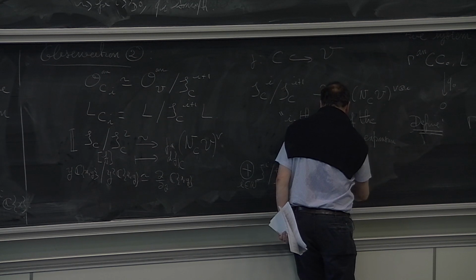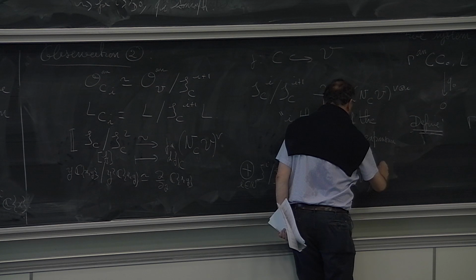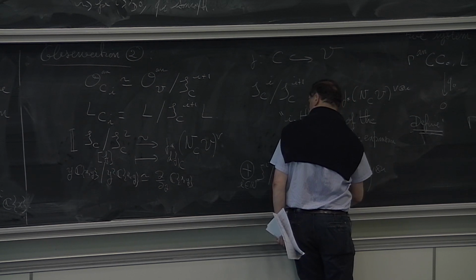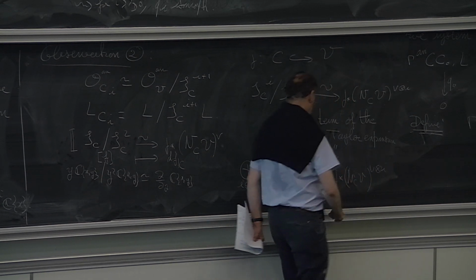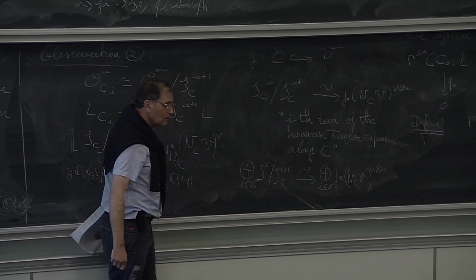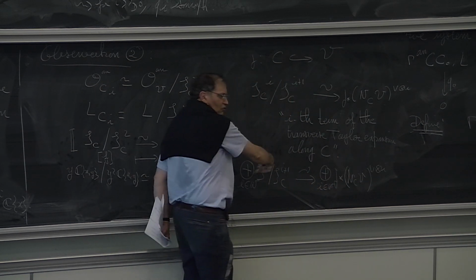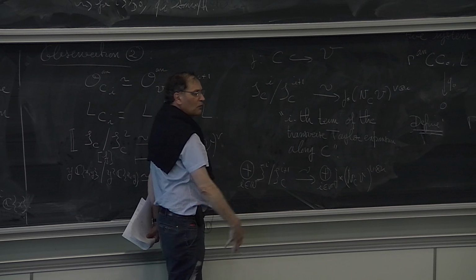You get the direct sum of these things. Both sides have a natural structure of algebra. By the definition, this is a symmetric algebra, and this is an isomorphism of algebras.